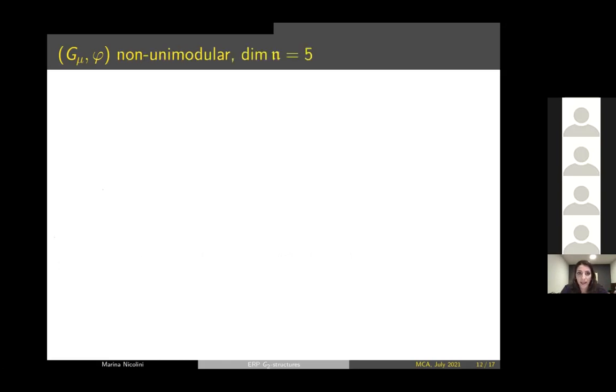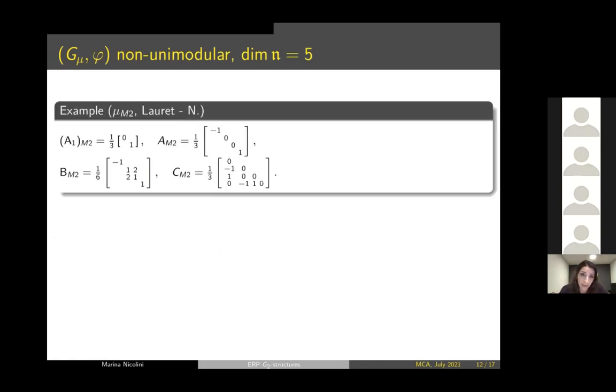The second case is that the Lie group is non-unimodular and the nilradical has dimension 5. In this case, there were no known examples, and we find 2 examples.